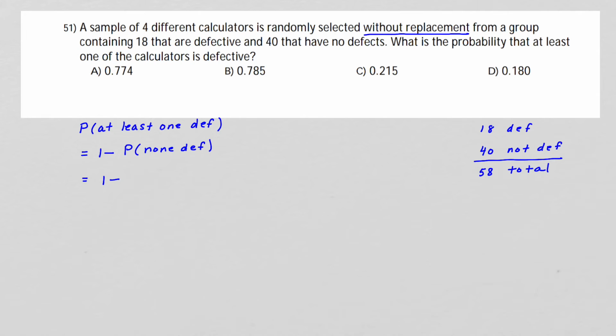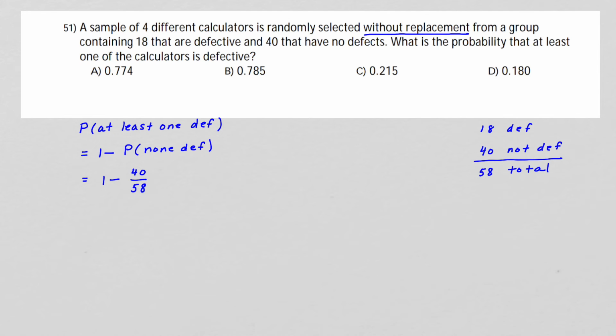So what's the probability that none are defective? Well, first of all, on our first trial, we have a 40 out of 58 probability that we will get one that is not defective.